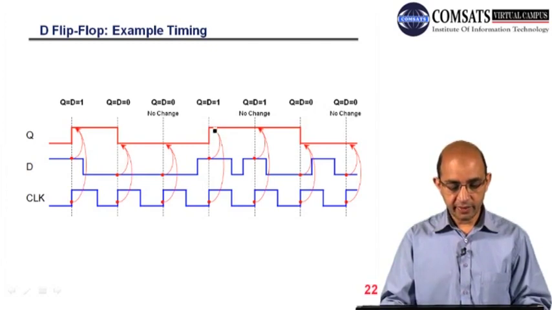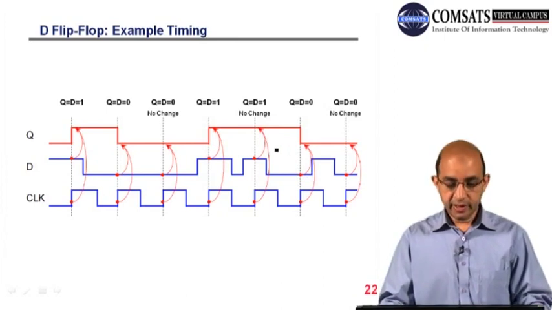And here you will see that Q follows D because we have the active edge. D is high and Q has to be high, so it will remain high till here. Here, no change. This is the timing diagram for a D flip-flop.